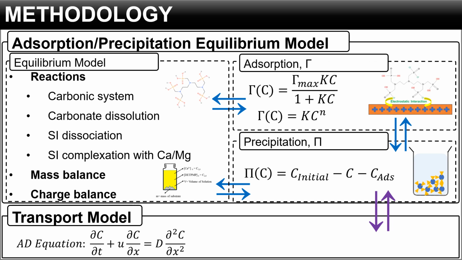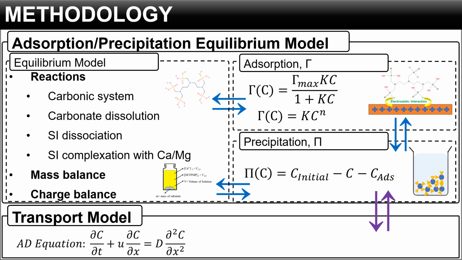Then we need to go through the adsorption part. In the adsorption part, the amount of the scale inhibitor that is adsorbed to the rock surfaces will be calculated and removed from the solution, from the result of the equilibrium model. For modeling the adsorption part, we have different methodologies, usually called adsorption isotherms, some of which are very well known and widely used, like Langmuir or Freundlich.